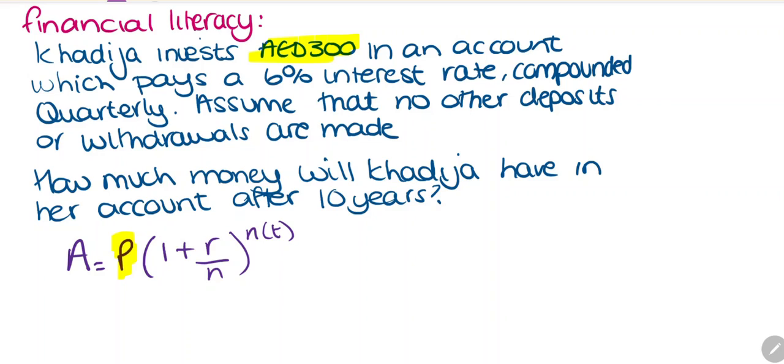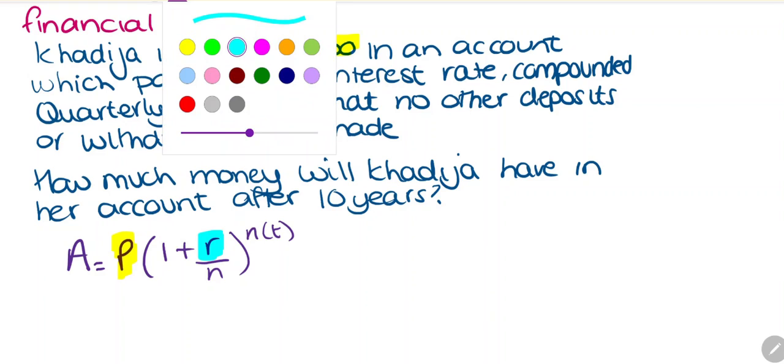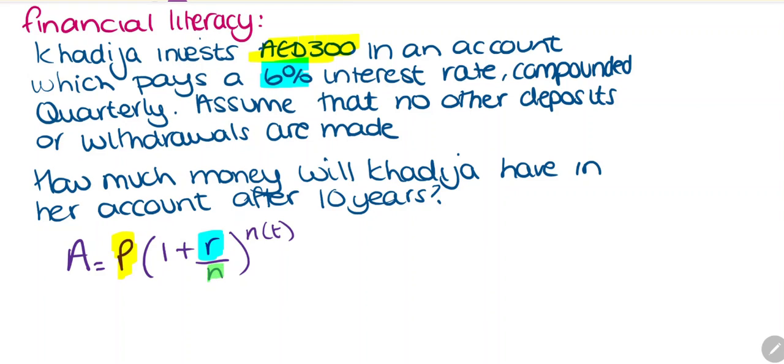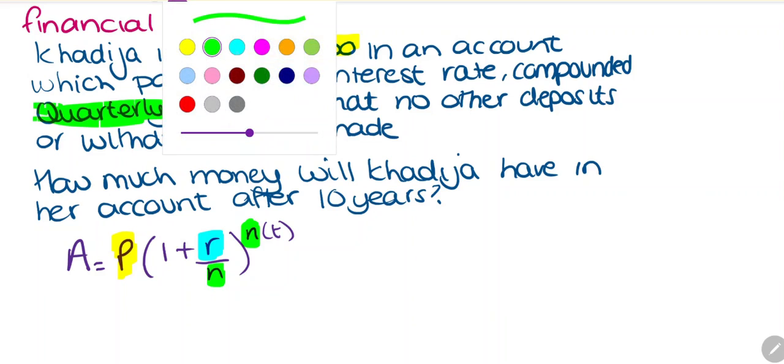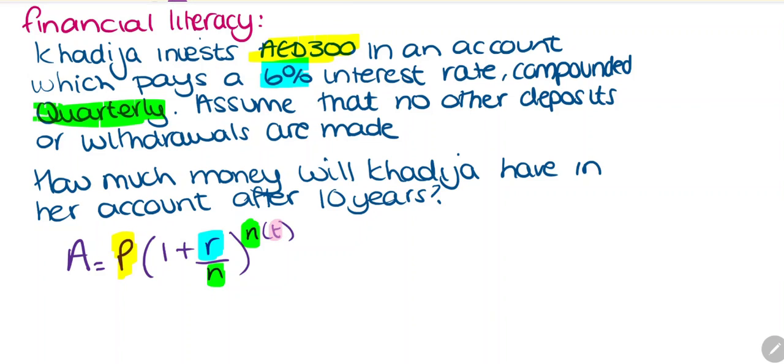So what does that mean? Well, r is the rate, and we need to write it as a decimal. n is our number of payments. So we need to know that quarterly is going to be 4 payments. And the time, if we look at our question, is going to be 10 years.